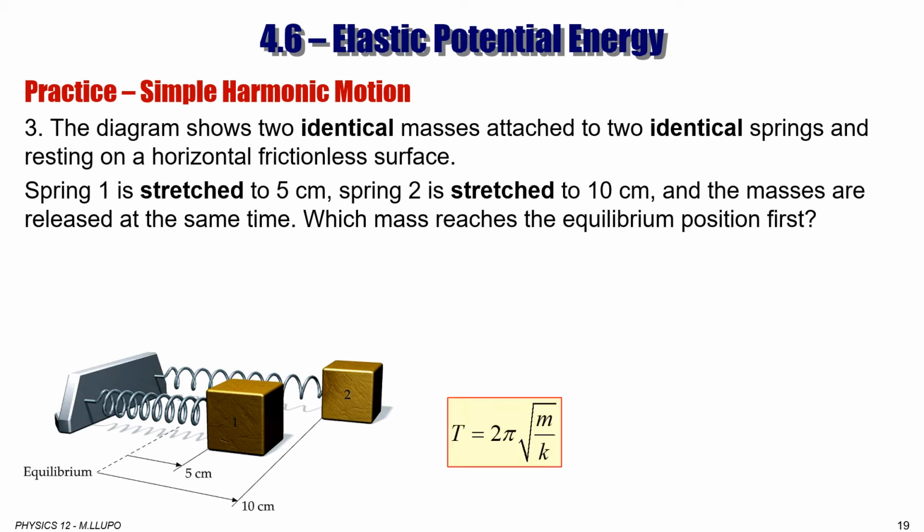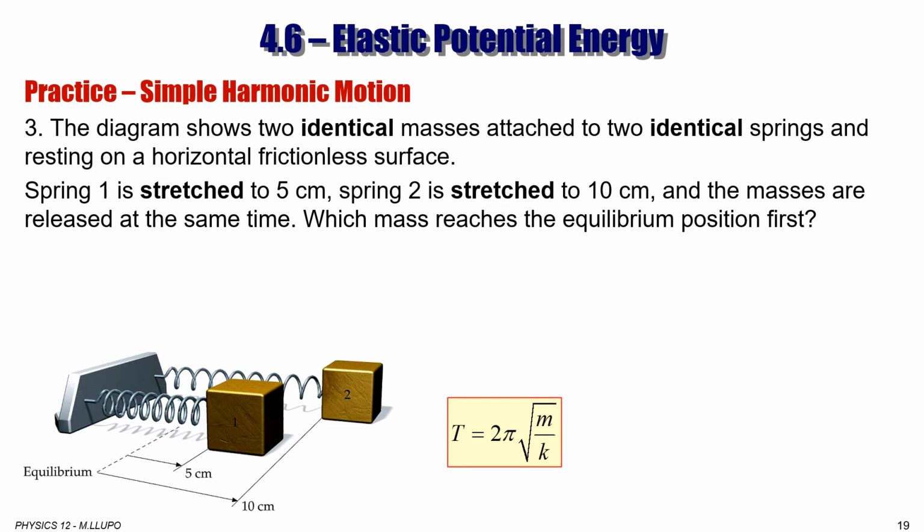Now we know that the period is equal to 2 pi square root of m over k. The interesting thing is that the masses are identical and the springs are identical.